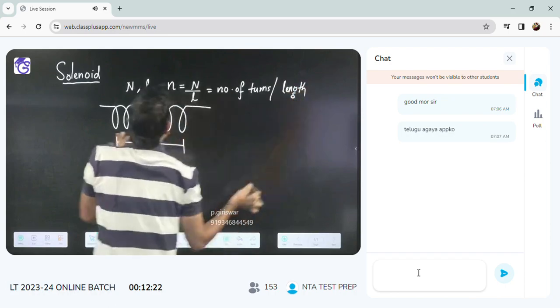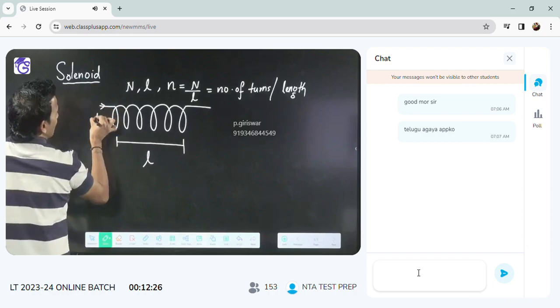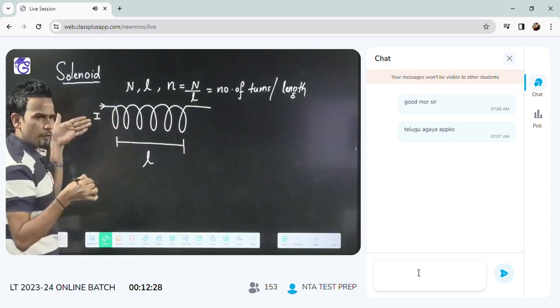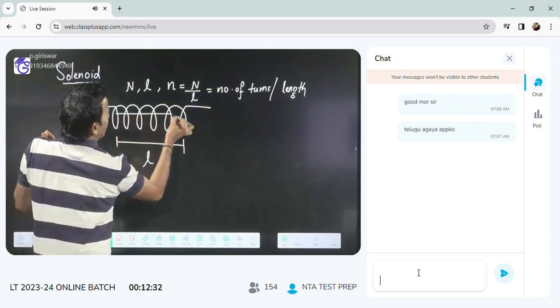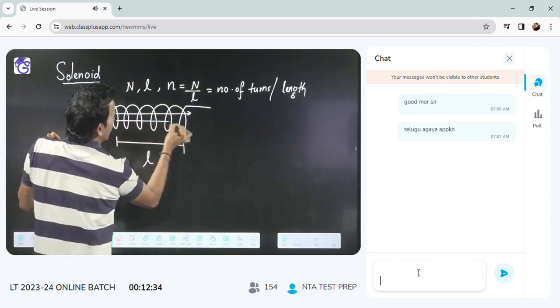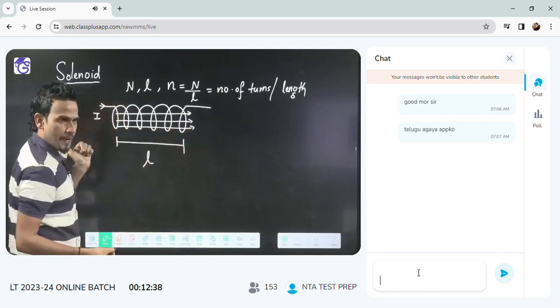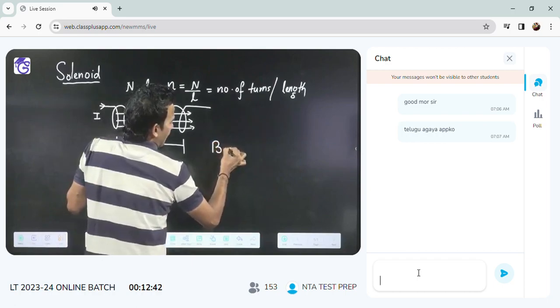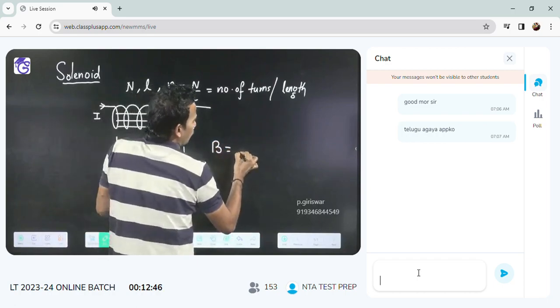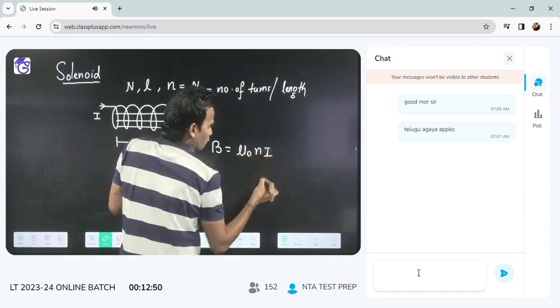Now through this solenoid, if you pass some current I, inside the solenoid some magnetic field will be produced. And value of magnetic field due to solenoid is defined as B equals mu naught n I. I think everyone knows the value.